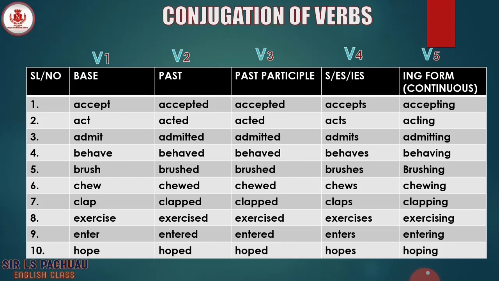Accept turns into accepts with an S in the fourth form, verb 4 or the S/ES or IES form. And in the fifth form, verb 5 or the ing form or continuous form, it will turn into accepting. So that's how we conjugate verbs.